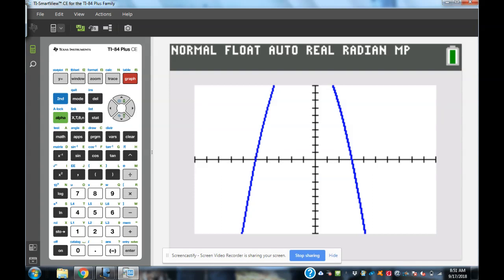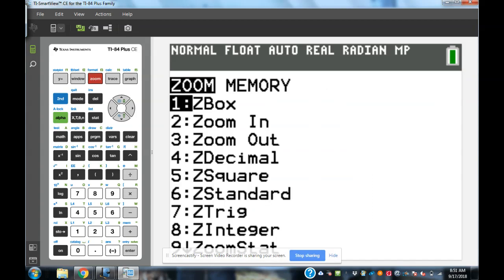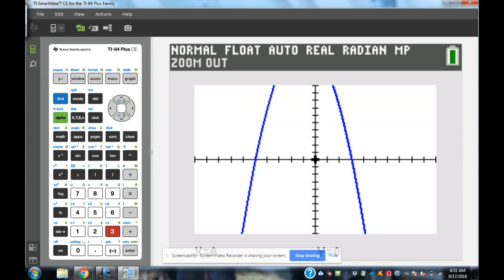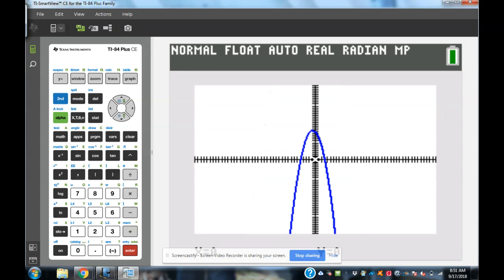If I want to be able to see the whole thing, zoom, and then number 3 is zoom out. Wherever your cursor's at, it's going to zoom out from that point, like on Google Maps, when you scroll backwards, it zooms out from whatever point your mouse is at. So whatever your cursor's at, if you hit enter, it's going to zoom out from there. And you don't get an option about how much it zooms out. It just zooms out.